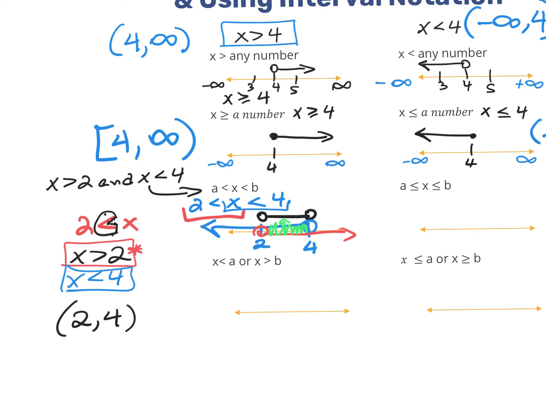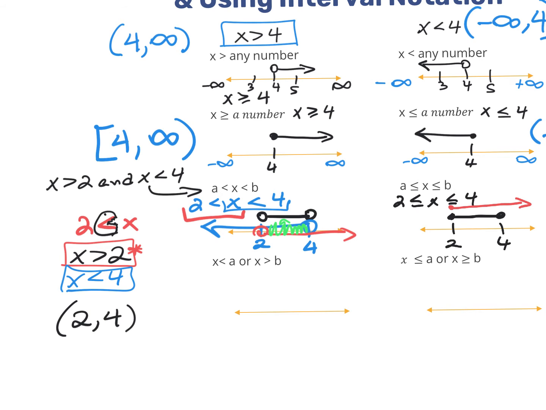Over here, if I use the same numbers, 2 less than or equal to x, less than or equal to 4, put 2 and 4 on my number line. This time it'll be a closed circle. And again, if you want to graph them individually, this would be a closed circle on 2, pointing this way.